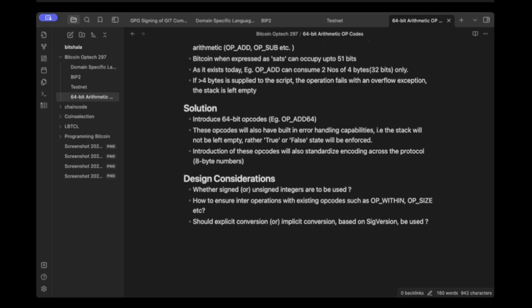They also want these opcodes to have error handling capabilities. It will give you a definite state after the arithmetic operation, a true or a false, so that your script can succeed and cannot get stuck at this particular step.